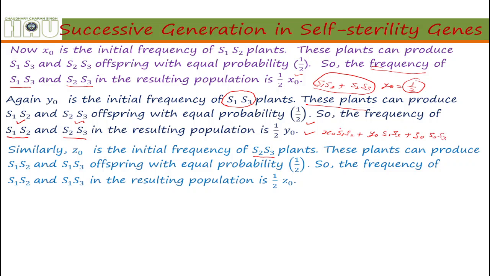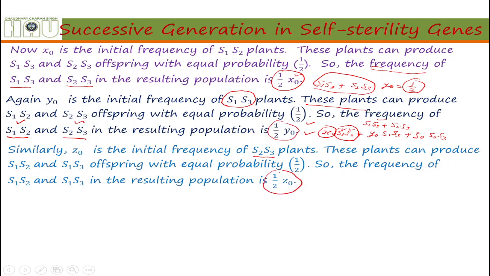Now a plant having this genotype cannot be fertilized with S1 and S2. It can be fertilized only with S3. When it is fertilized with S3, it can produce S1 S3 plus S2 S3 genotypes in the next generation with equal proportions, half and half. So the proportion in the resulting population is half of X0. Similarly for half of Y0, and similarly half of Z0.